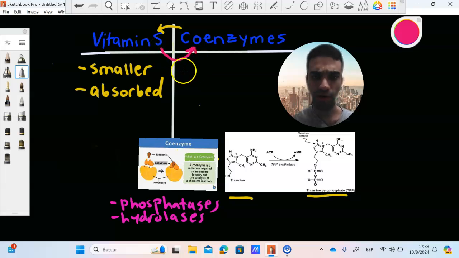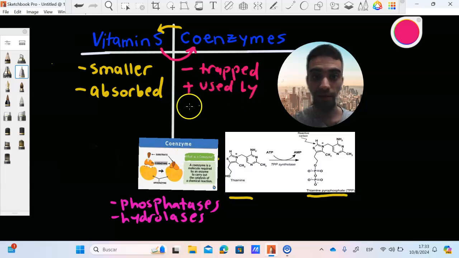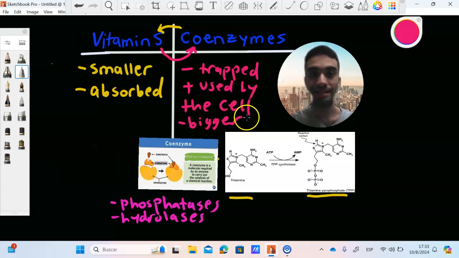And coenzymes thus are trapped in the cell and used by the cell in various reactions. So in the cell, the vitamins are metabolized into coenzymes. They go into a bigger compound. So coenzymes are bigger, they're trapped by the cell, and they're used by the cell.